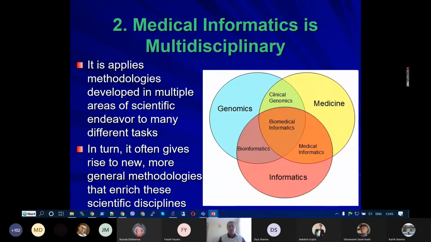And when we take into account personal patient data and patient genomic data collection, we will deal with biomedical informatics in this case.